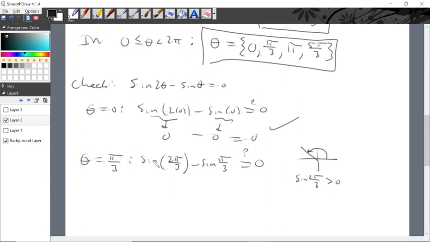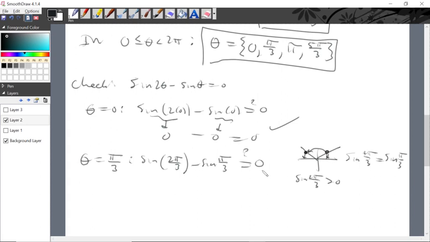So in other words, the sine of 2 pi over 3, notice, is always exactly equal to the sine of pi over 3. The y coordinate here is the same as the y coordinate here, by symmetry. So whatever that's equal to, we know it's going to equal the sine of pi over 3.